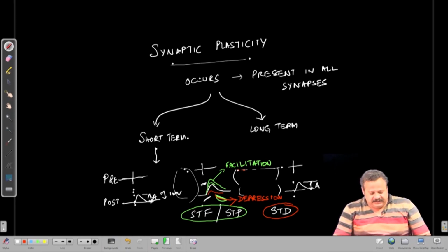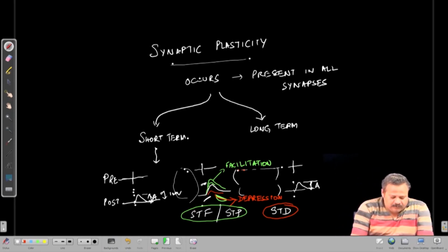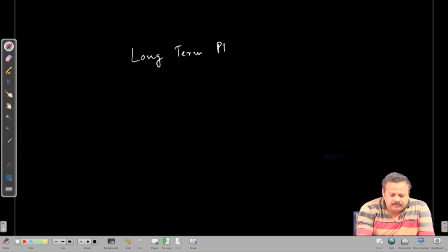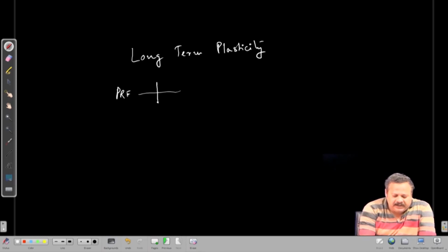On the other hand, what we mean by long term plasticity is that, let us say again, we are measuring the synaptic strength by producing a spike presynaptically, and we measure the average strength of the EPSP, again let us say it is a millivolt height, or a height of A. So, this is the postsynaptic side.